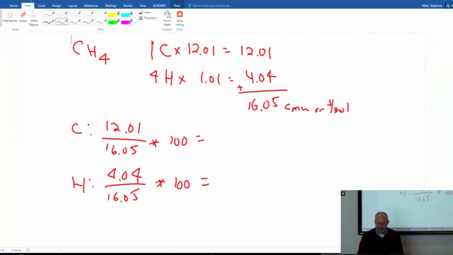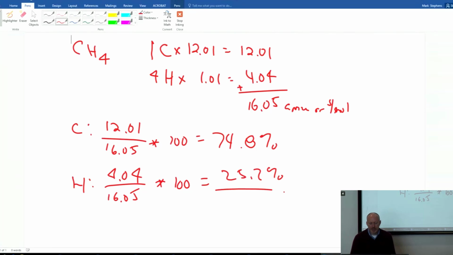And again, 3 sig figs is enough. 74.8%. And then 4.04 divided by 16.05. I get 25.2%. And the thing we know about percentages, they better add up to 100. So when I add these two together, there's the check of my work. I get 100%. If you calculated the first one correctly, you could have found the second one simply by subtracting from 100. So that's how we calculate a simple mass percent.